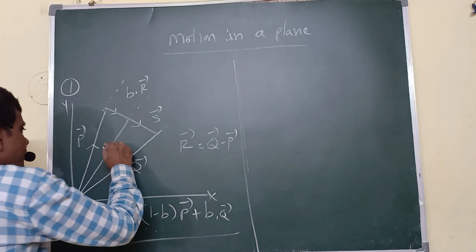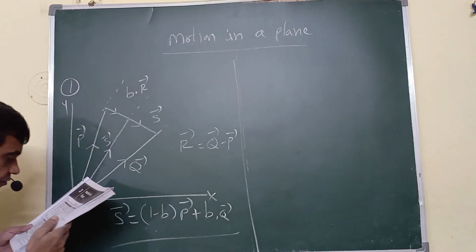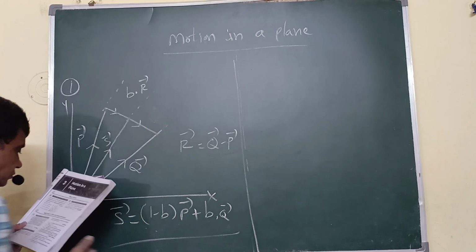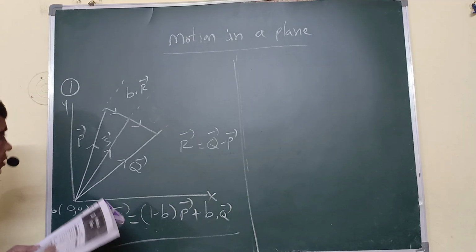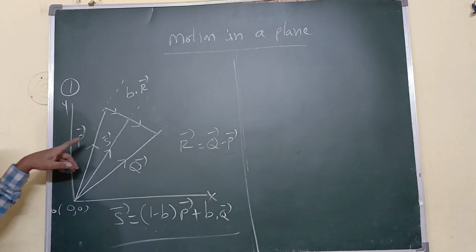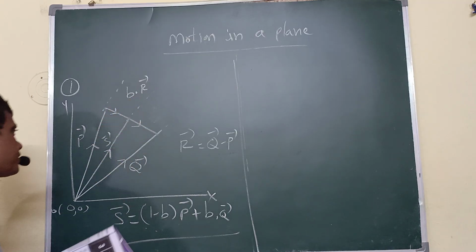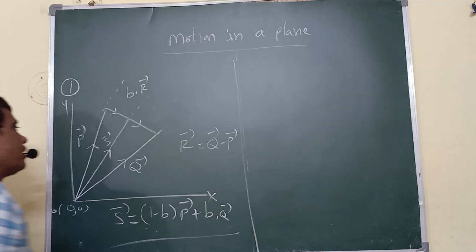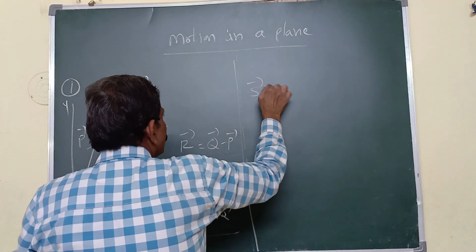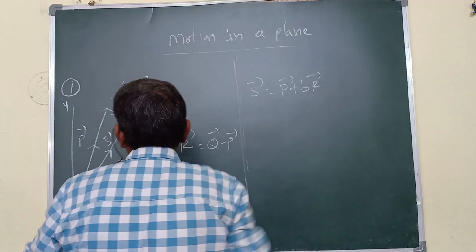He had given as S vector. So what is this S? So this S vector equals to P plus BR.